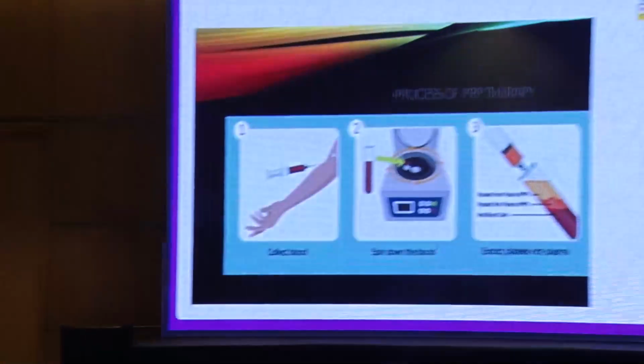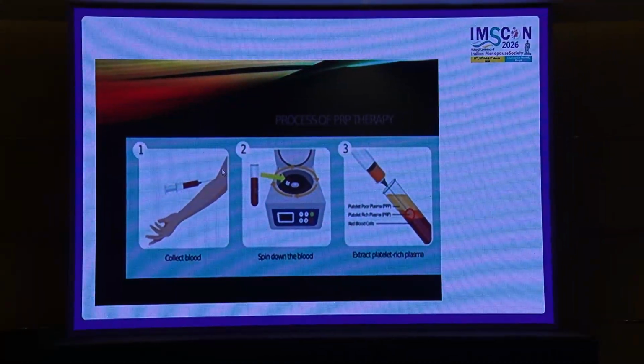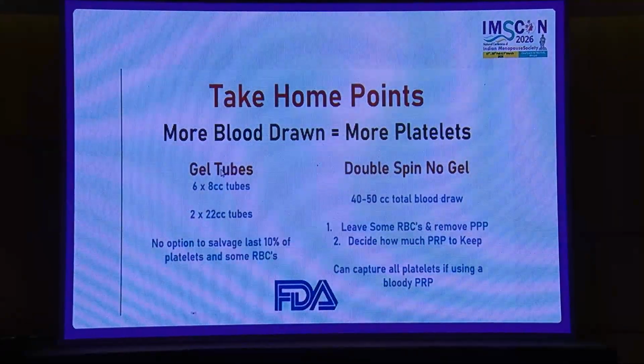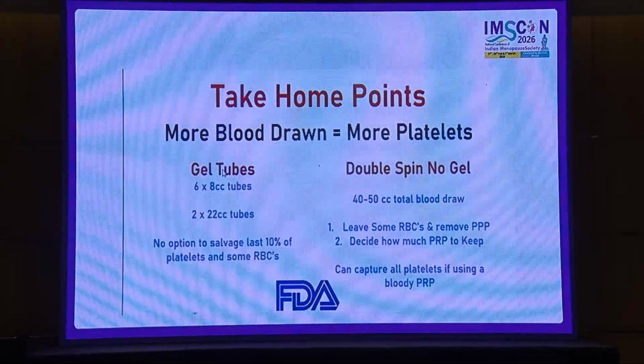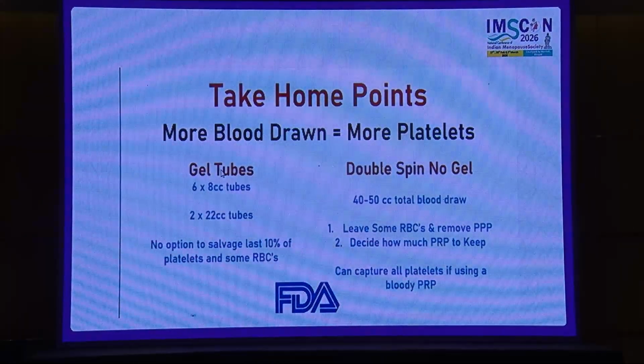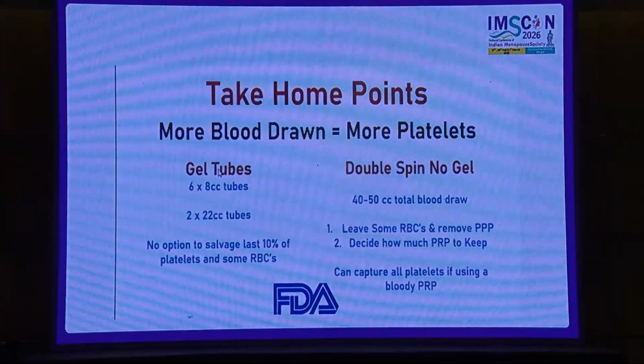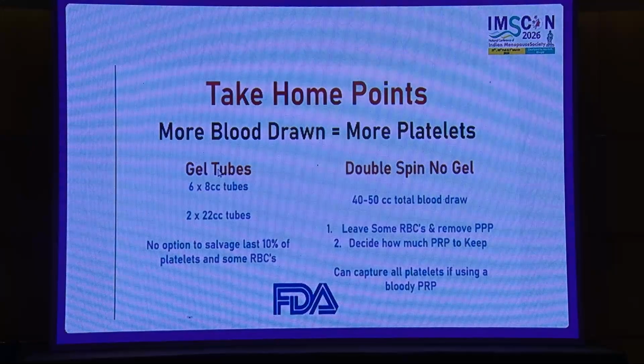There are tubes available for that: a tube with 8 ml, which contains 8 ml of blood with anticoagulant, or a tube for 30 ml of blood, which contains 22 ml of blood and 8 ml of anticoagulant. Two types of tubes are available. According to the gel tubes, if we want a higher number of platelets, we have to withdraw more blood and go for the second spin.